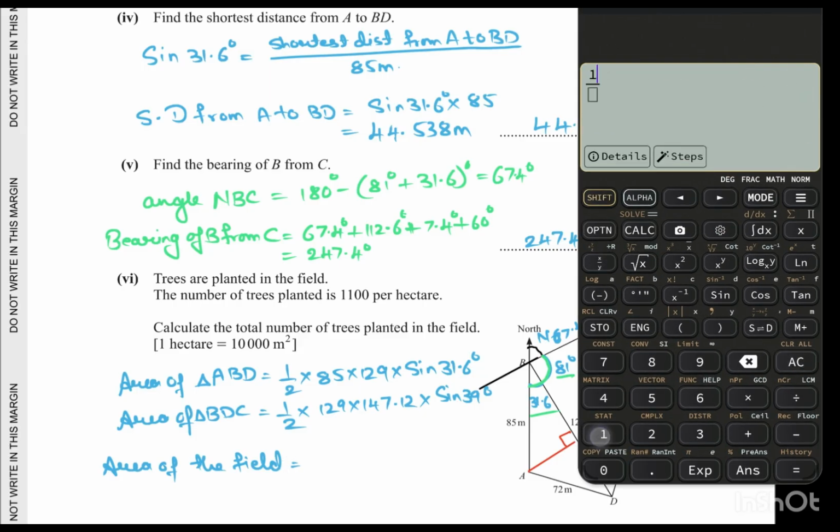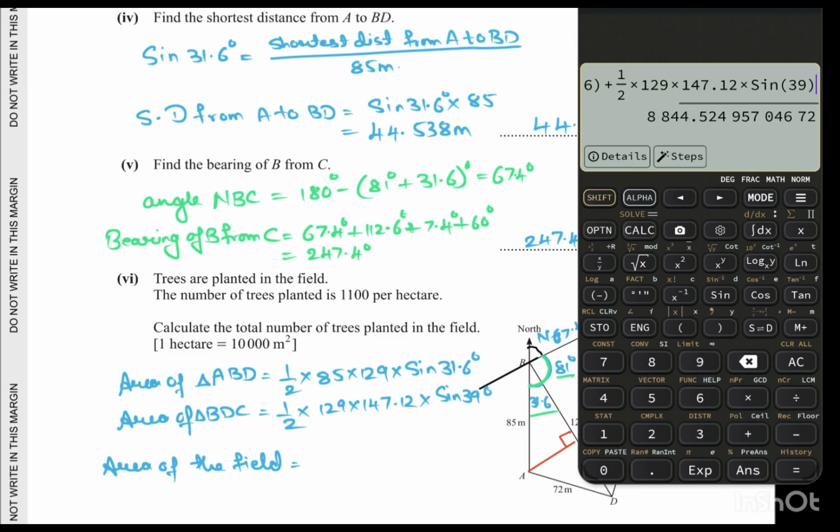So half, 1 by 2, into 85 into 129 into sine 31.6, plus again half, 1 by 2, into 129 into 147.12 into sine 39.